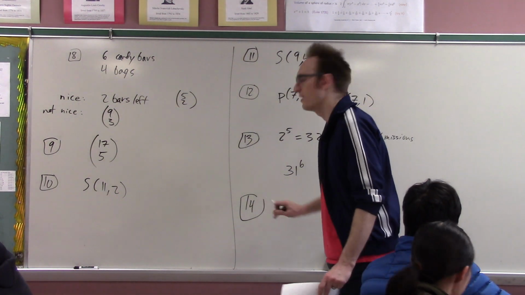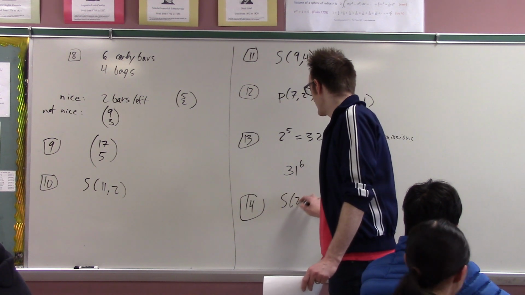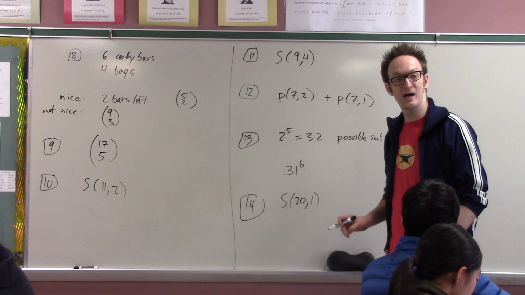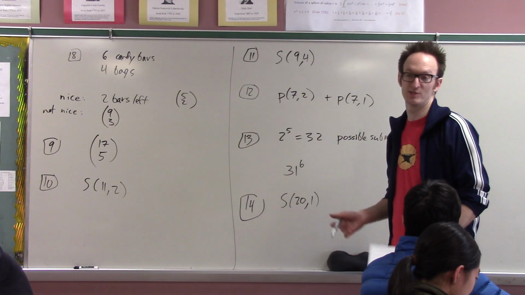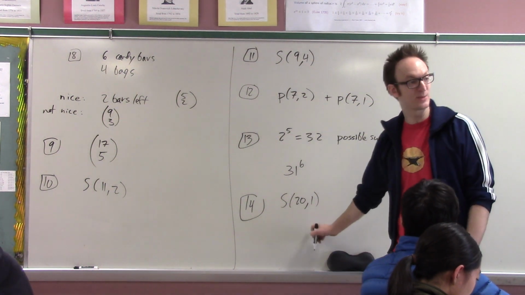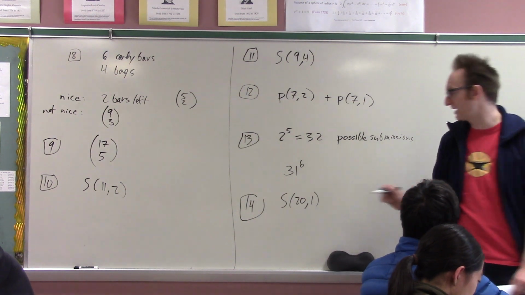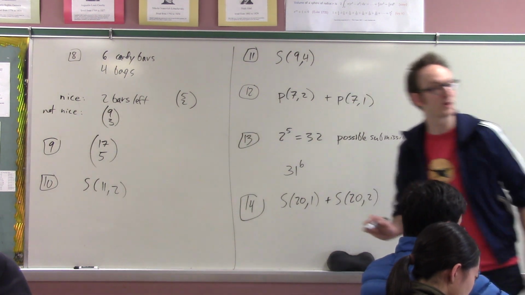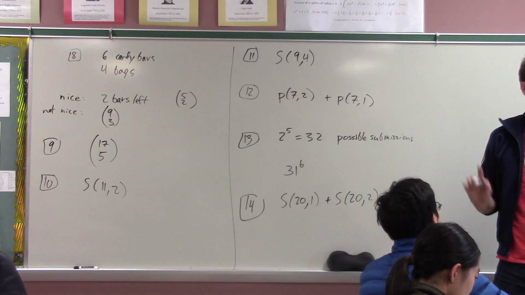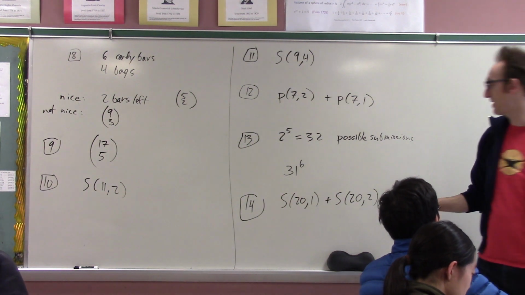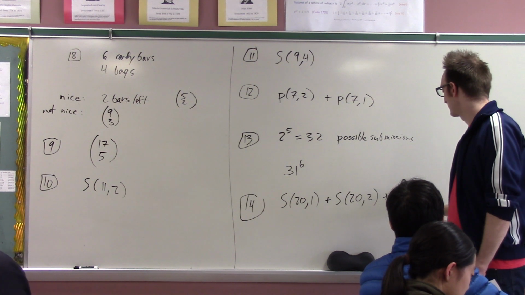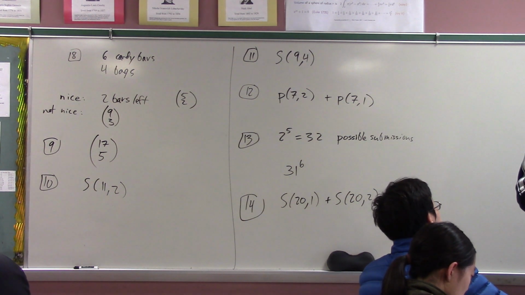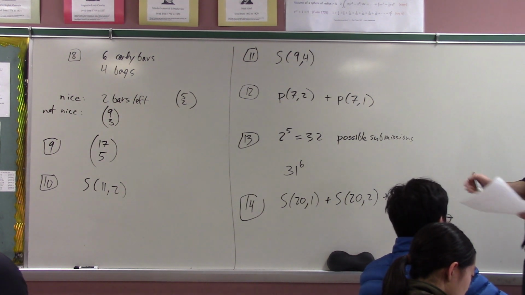So S(20,1) counts the number of ways to put all the laundry into just 1 bag, which is just 1. Plus S(20,2) represents all the ways of putting the distinguishable 20 objects into 2 indistinguishable laundry bags, plus S(20,3). And there's nothing that says that she has to use all the laundry bags, so we need to consider all possibilities. Do you agree? Yes. Okay, good.